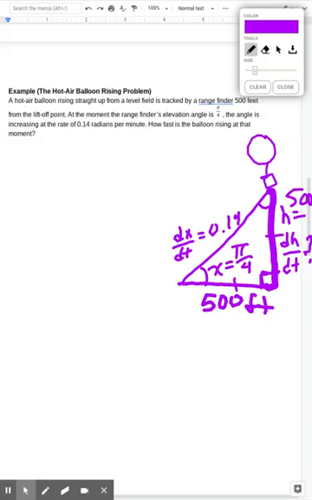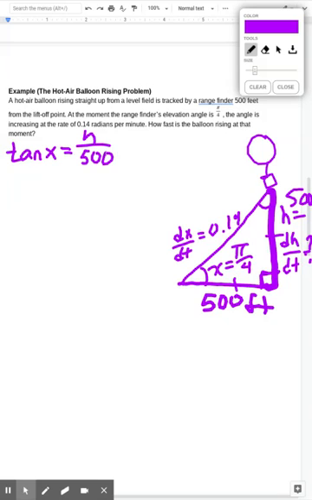Now we need some equation to relate x, dx/dt, h, and dh/dt. We can use the tangent equation. The tangent of an angle is equal to the opposite over the adjacent. So tangent of x equals h over 500, and you can write 500 in for the adjacent because this is never going to change.